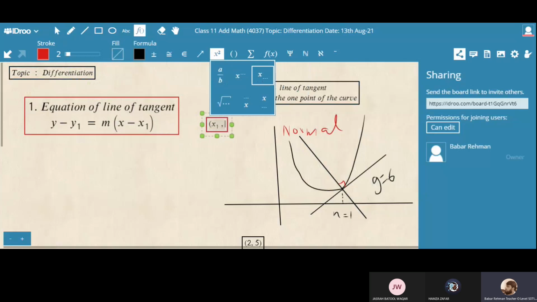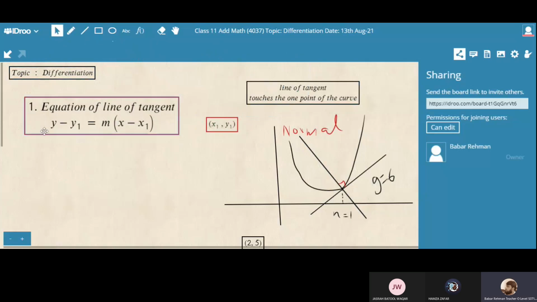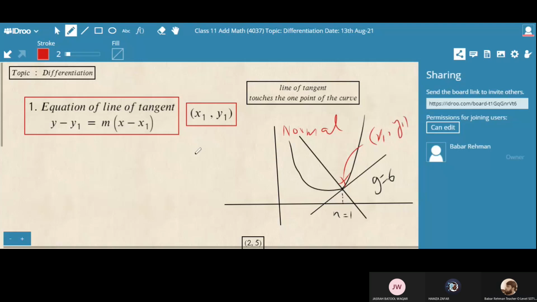This point will be input in this equation as x1 and y1.